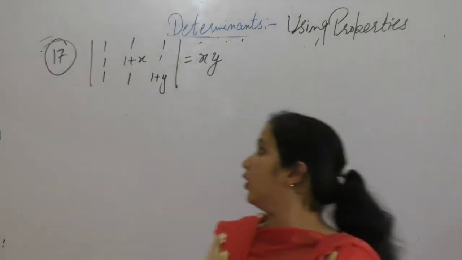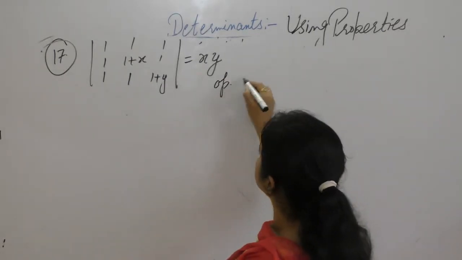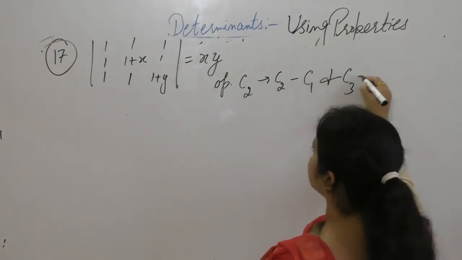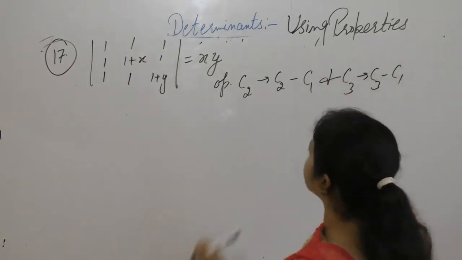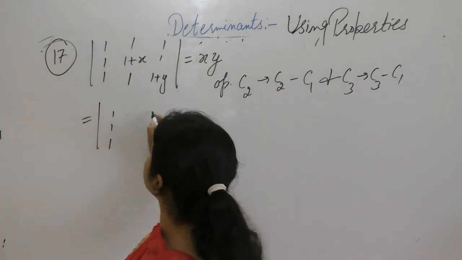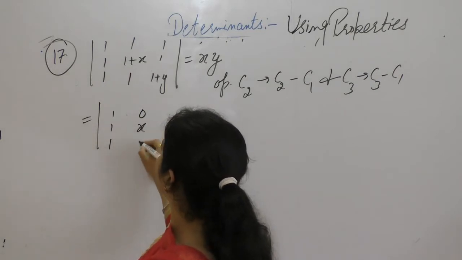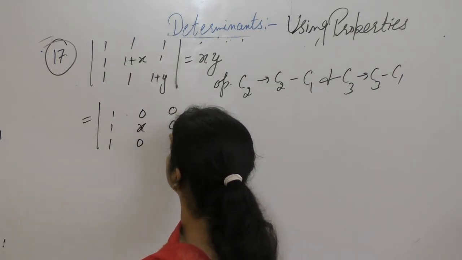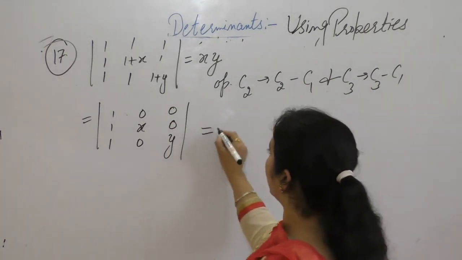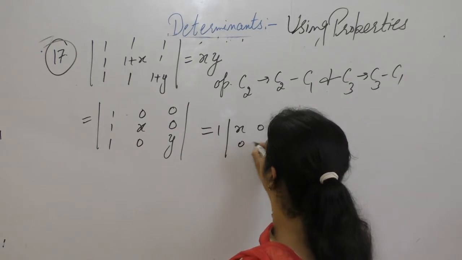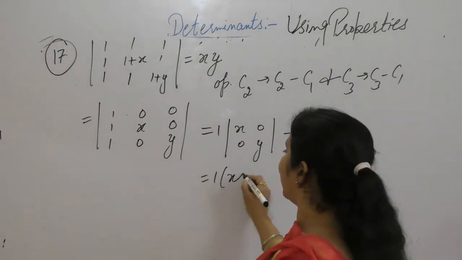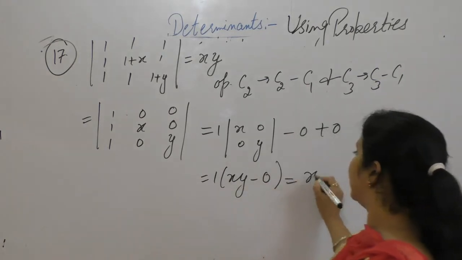Now operate C2 as C2 minus C1 and C3 as C3 minus C1. C2 minus C1, 1 minus 1. Here we are left with x, 1 minus 1. Now expand it along the first row, 1 into x 0 0 y. Next terms are zeros. So 1 into xy minus 0, so that is xy.